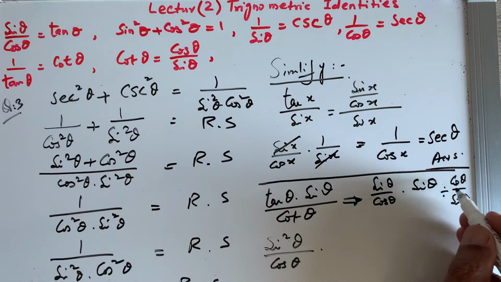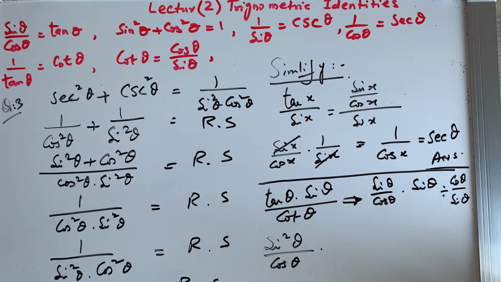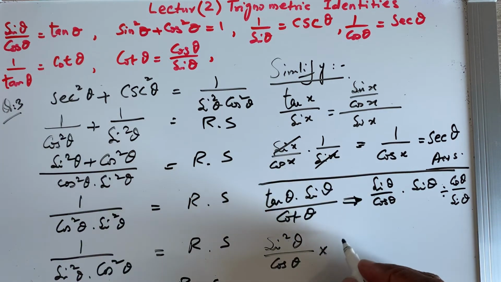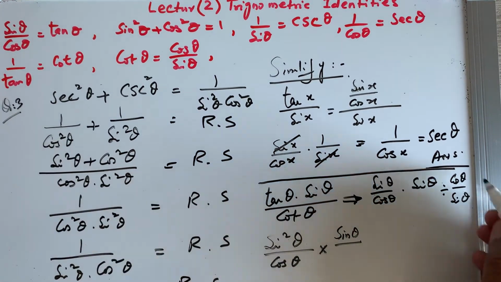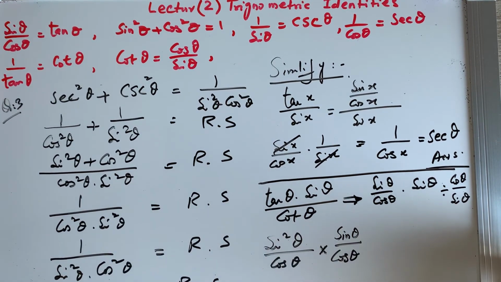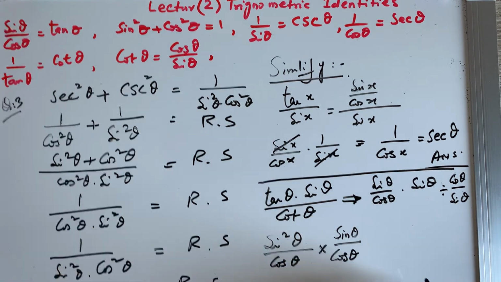Now here is the division, and how can we convert division into multiplication? If we convert the division sign into multiplication sign, we have to flip the numerator with the denominator and vice versa. So we will say sine theta over cos theta. What do we have now on the numerator?